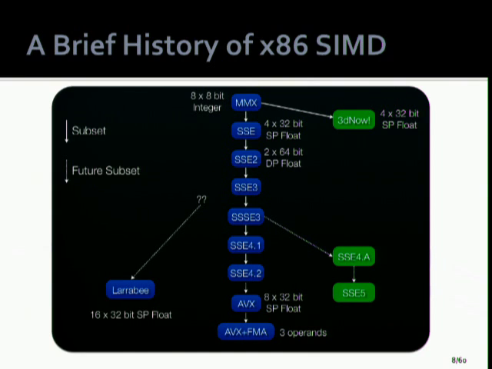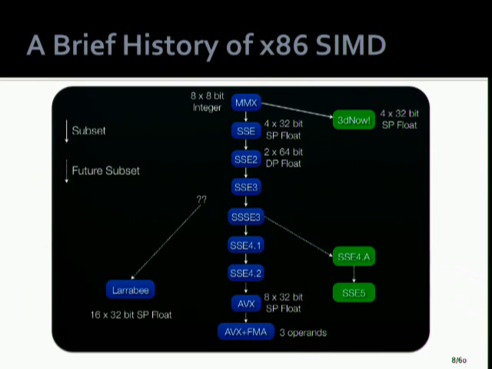Then Intel went to SSE 4.1 with Nehalem about 3 years ago, and then SSE 4.2, and then AVX, which is the latest one, which is 8-way 32-bit floats or 4-way 64-bit double precision floating point. That just came out a few months ago. So in this history of x86 SIMD, we're now right here. Although I don't think any of the machines in your lab actually have AVX yet, you can actually buy them.